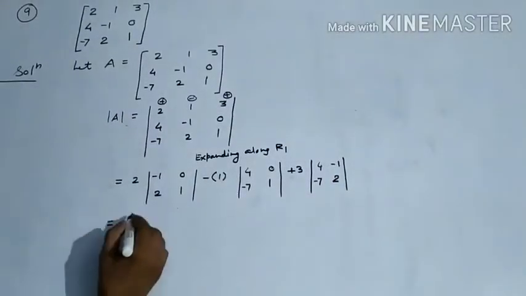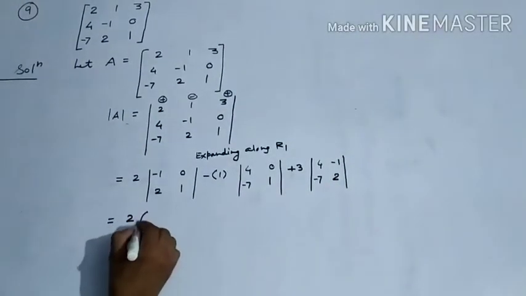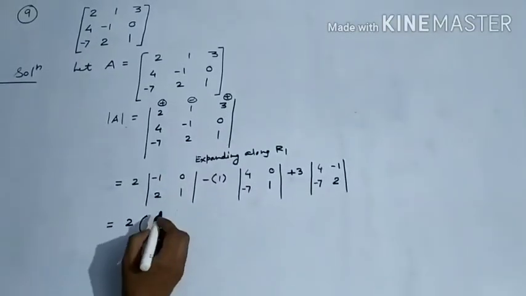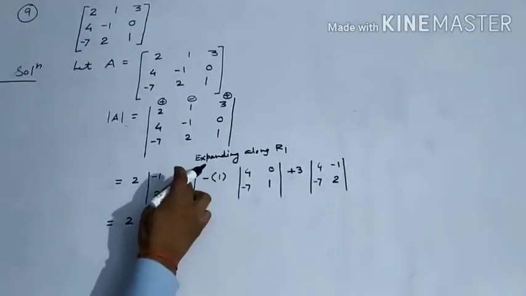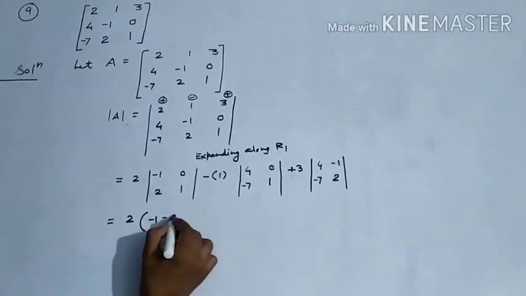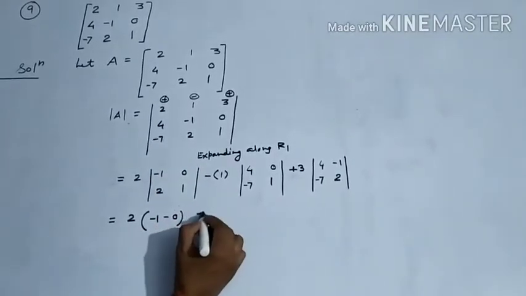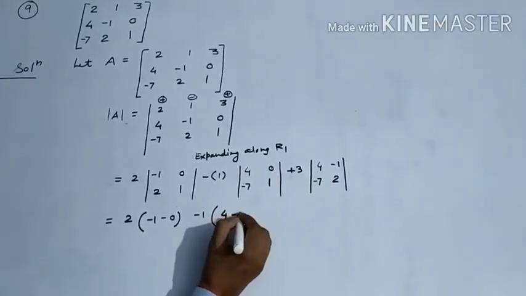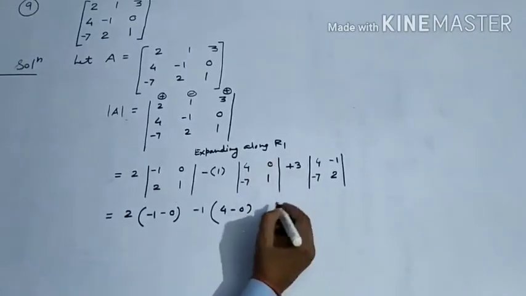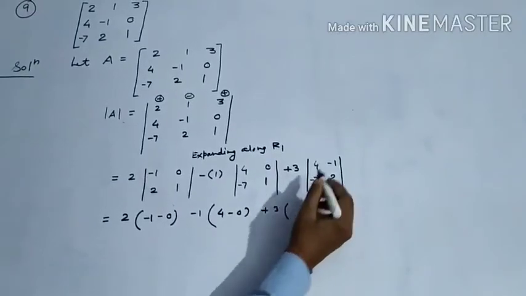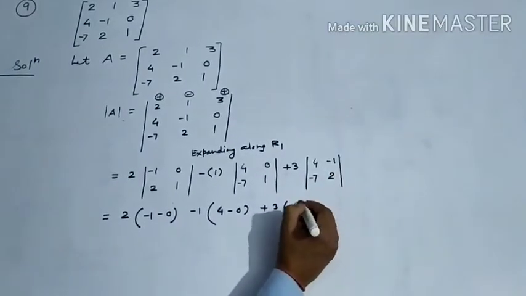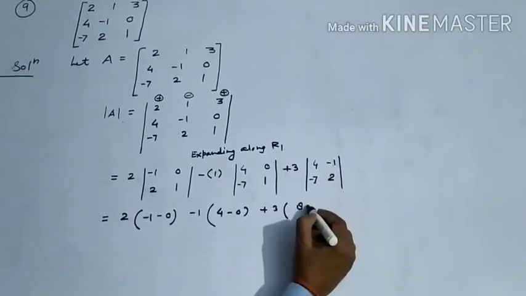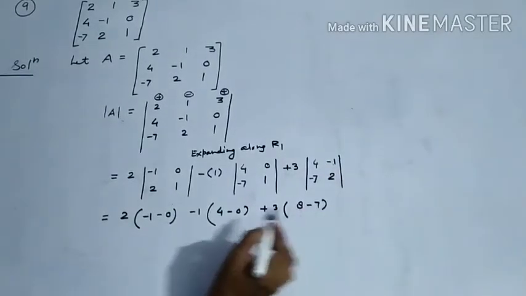This is equal to 2. Apply the cross multiplication: minus 1 multiplied by 1 is minus 1, and 0 multiplied by 2 means minus 0, and then minus 1, then 4 multiplied by 1 is 4, minus 0, and here 3, and here 8, minus 1 multiplied by minus 7 means plus 7, so this is minus 7.